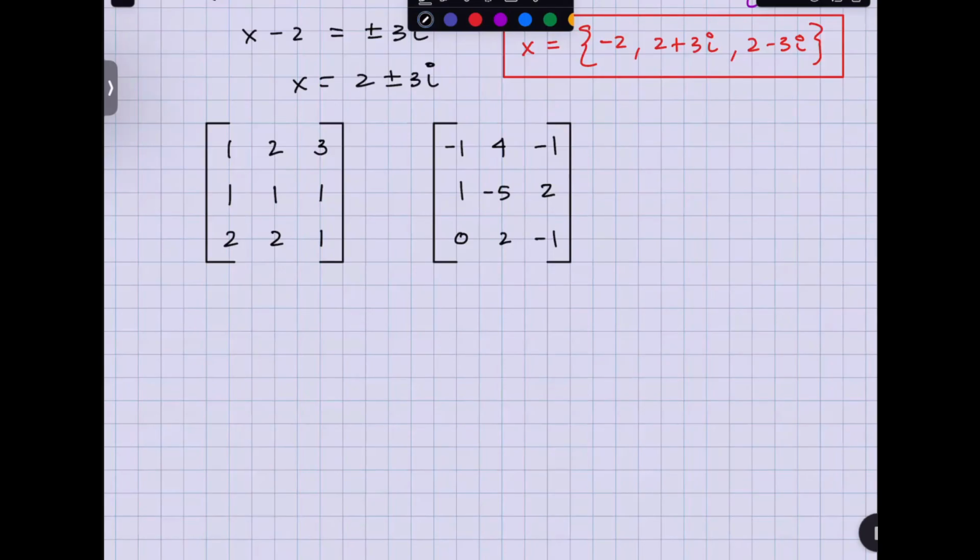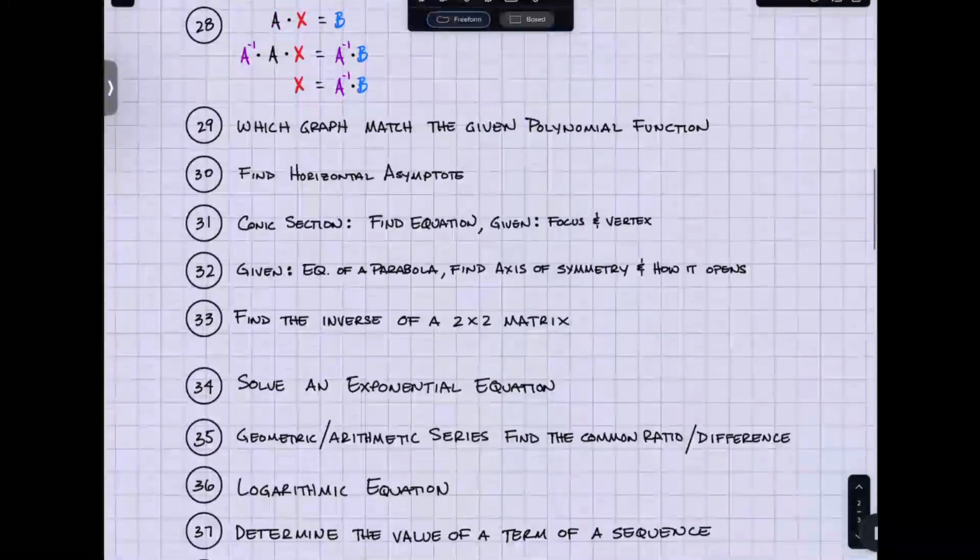So the question is, how do we go about doing that? That is the question. So it goes back to this piece here.